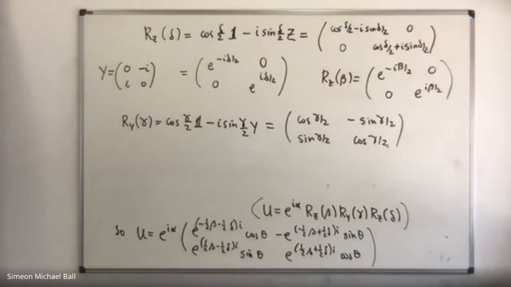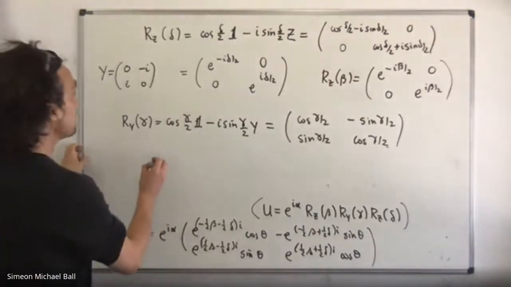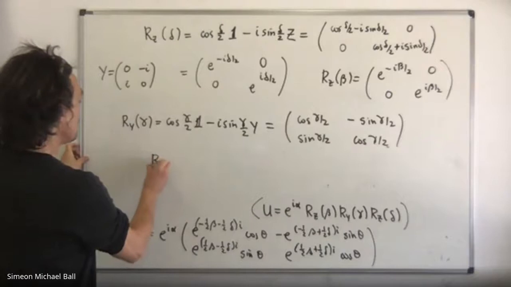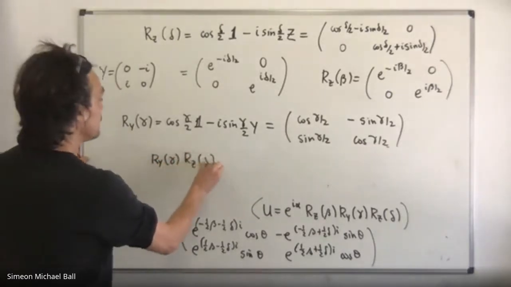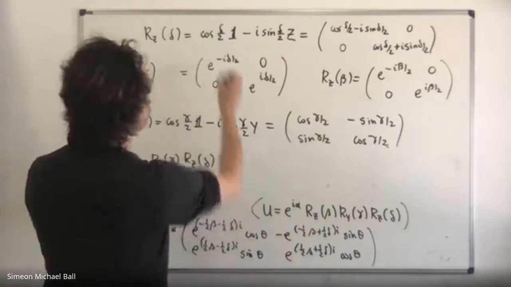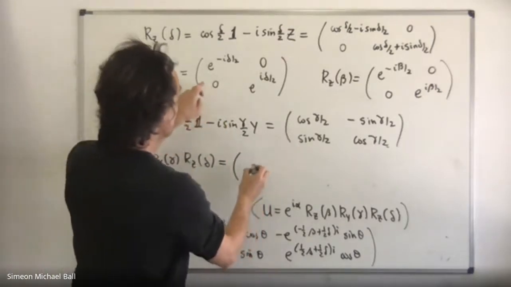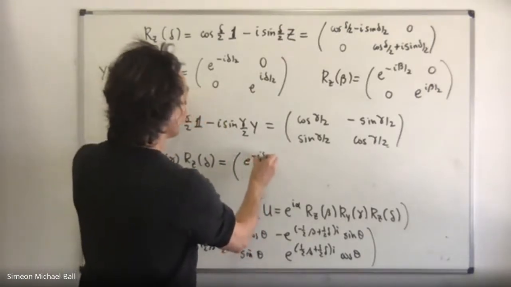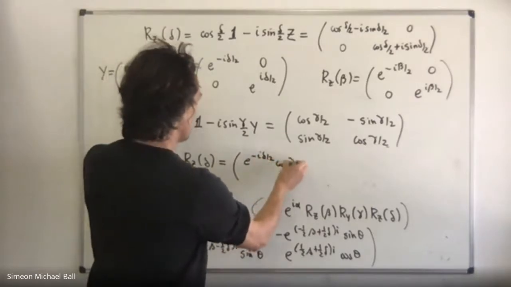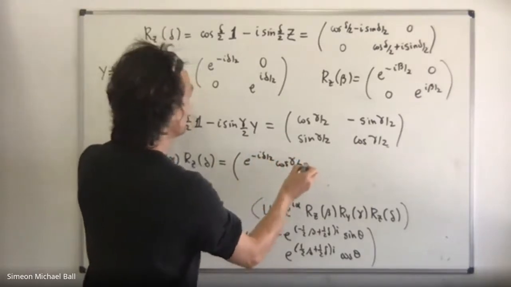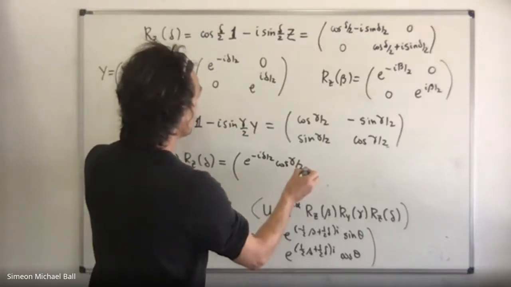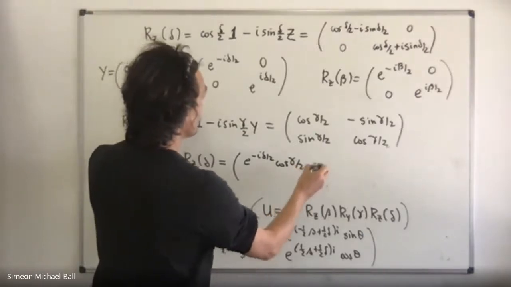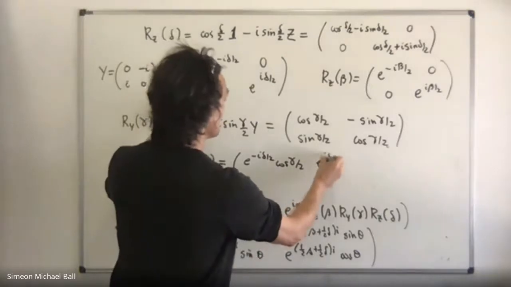And when we multiply these things together, so Ry gamma Rz delta, that's going to be this times that one. So you're going to get e to the minus I delta over 2 cosine, e to the I delta over 2.